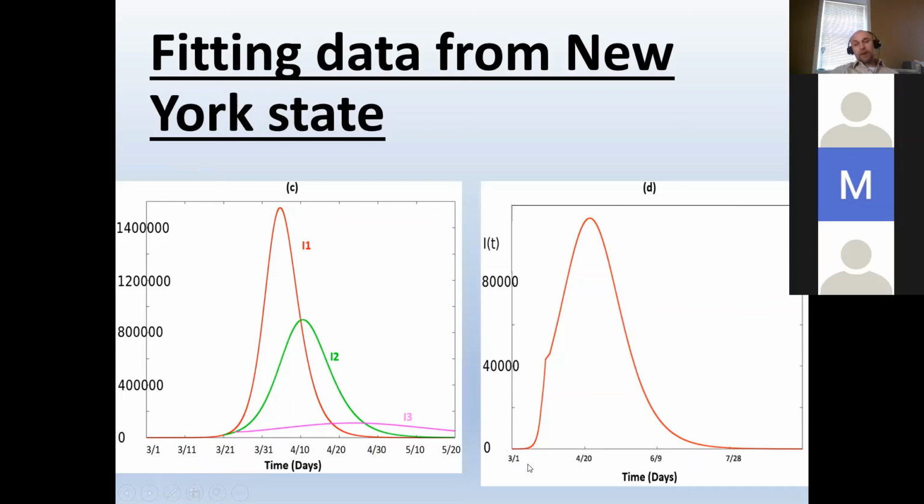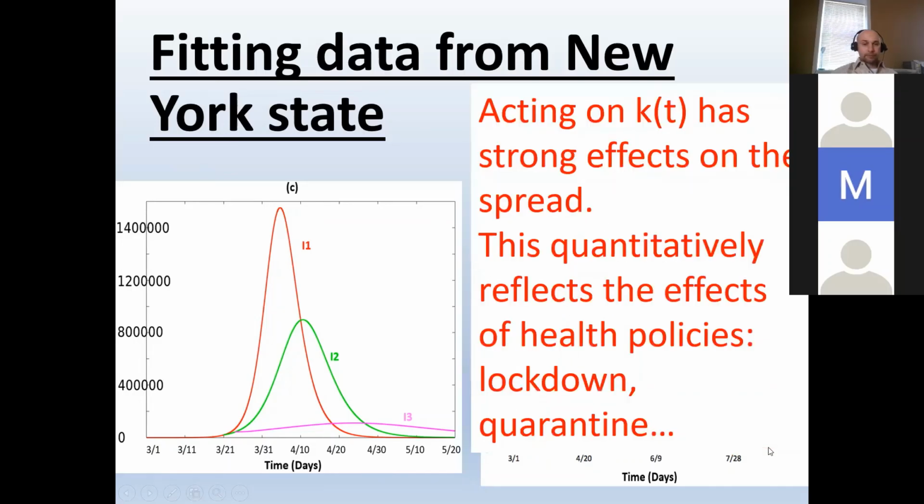Okay, and this is my final I of t. And so we worked with the data from March. So the data stops around here. And then it's a prediction. Now it's a prediction here. All right.